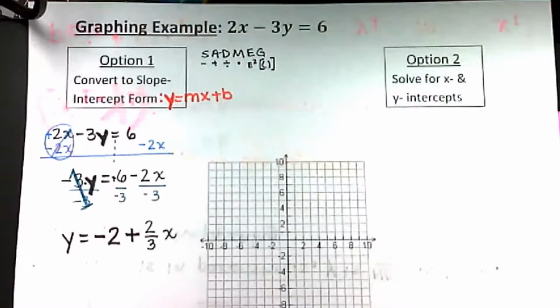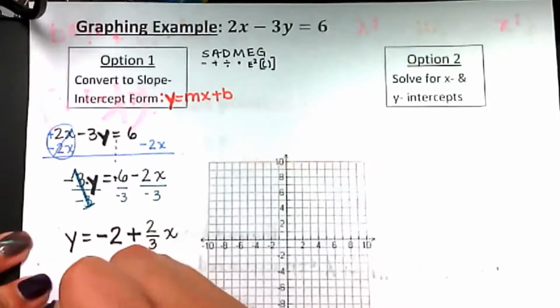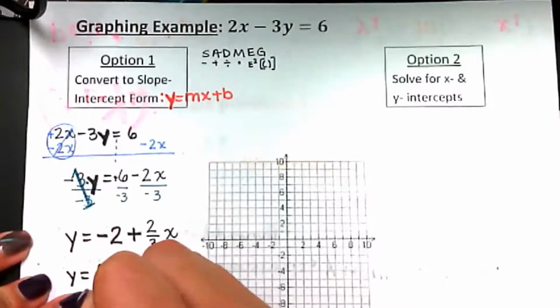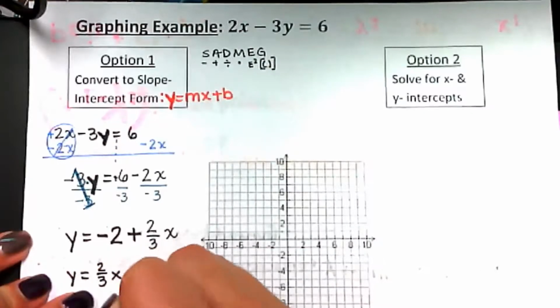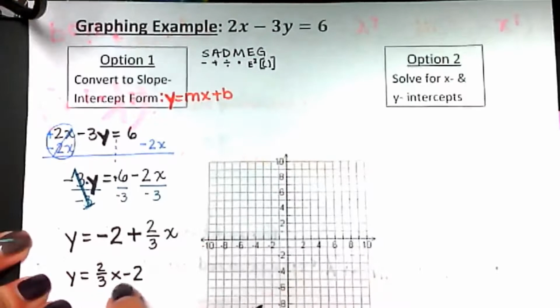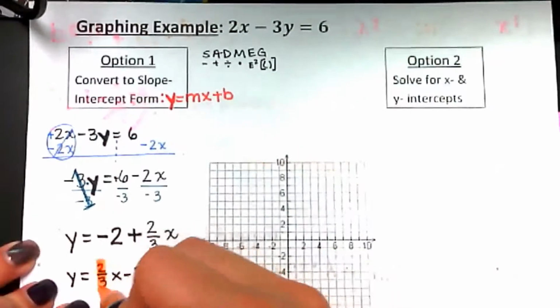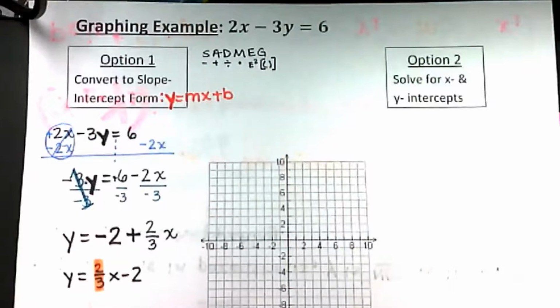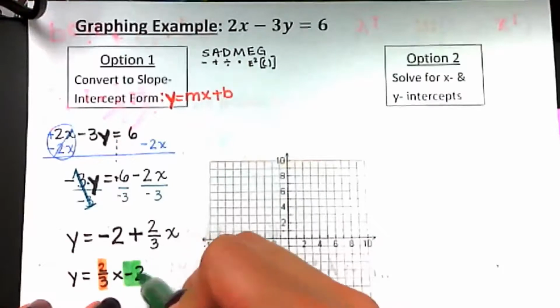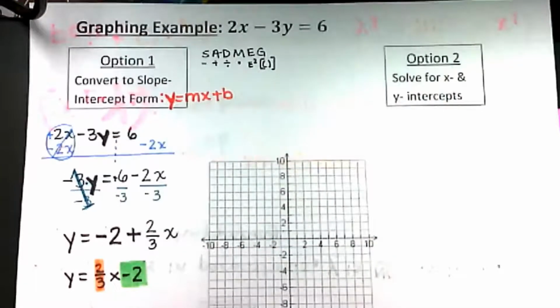Now, for those of you who are nitpicky, of course, this isn't in the proper order. You could switch that around and say y equals 2/3 x minus 2. That is mx plus b. And just like we had done previously, we would identify our slope followed by our y-intercept.